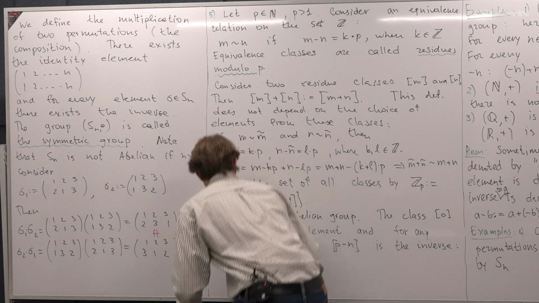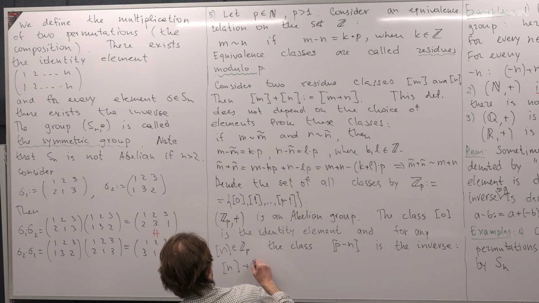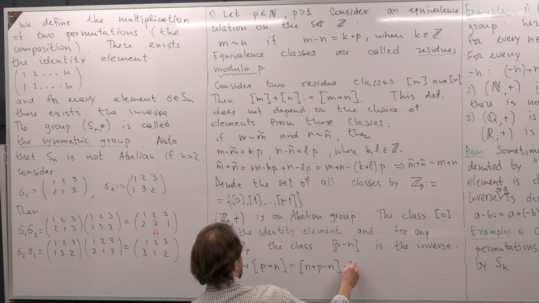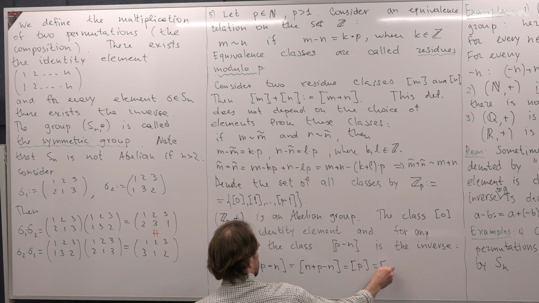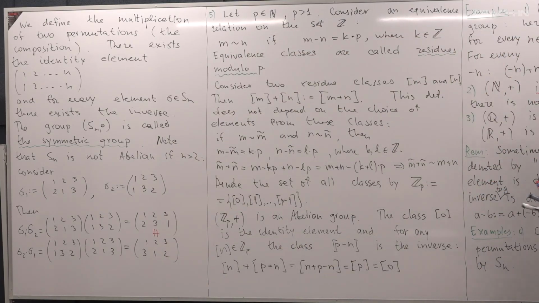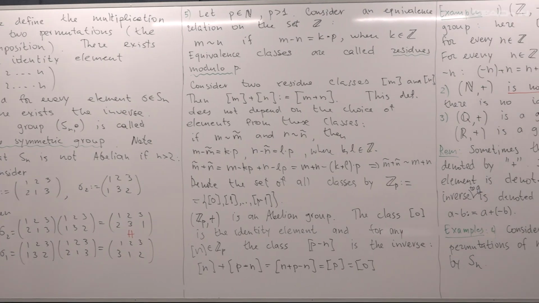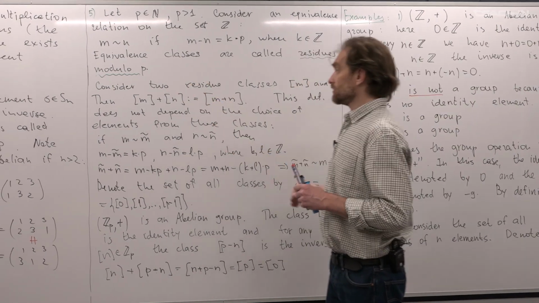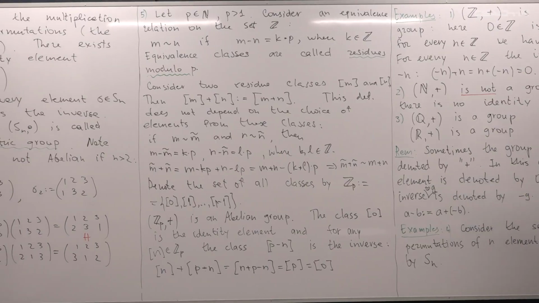So just because according to our definition, the class of n plus the class of p minus n is the class of n plus p minus n, which is the class of p, which is the class of 0. And so we see that the classes of residues form an abelian group. So it's a finite abelian group. So all the groups that we had here are infinite, and here we have two examples of finite groups.